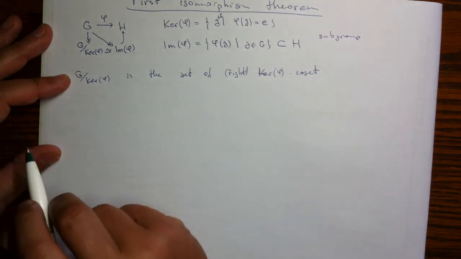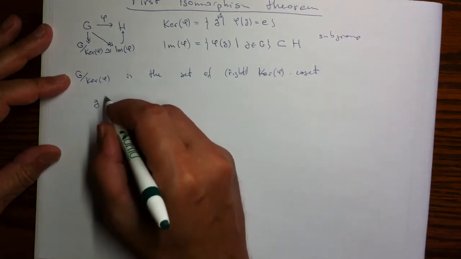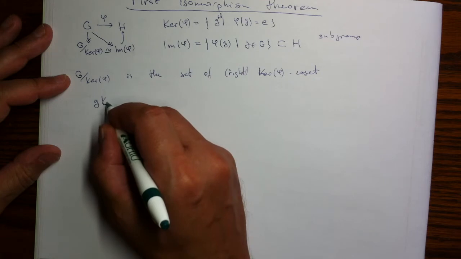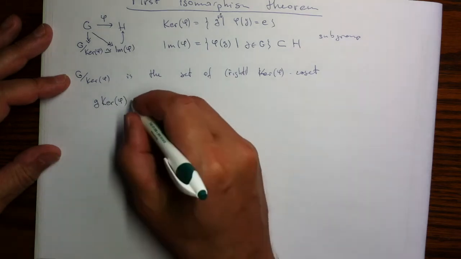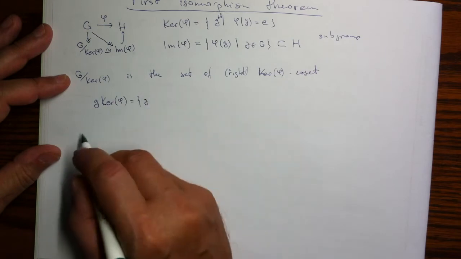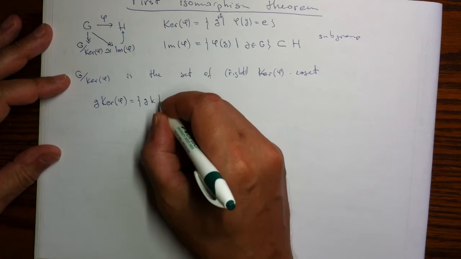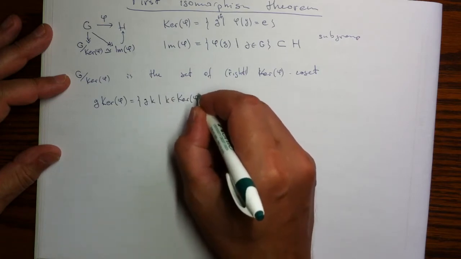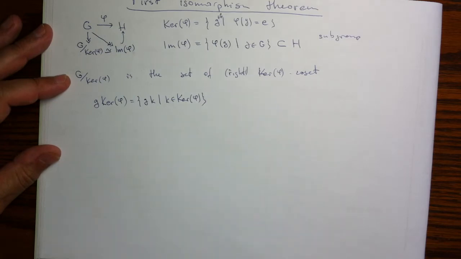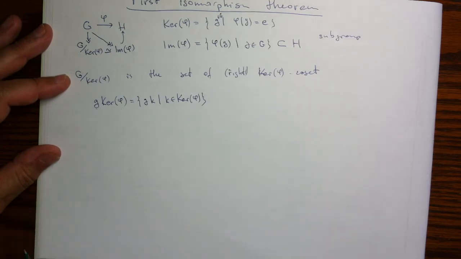So they are subsets of the group G, which consist of all possible products of a given element, so we fix G, and then we look at all possible elements in the subgroup, in our case the kernel, and form the product. So that is what the coset of G is.